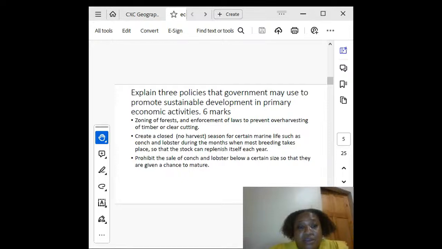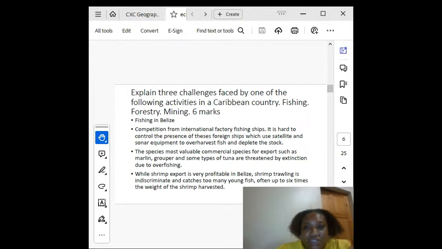You create, again, natural reserves, management reserves that would protect where you can fish and not fish. So there might be certain areas that you protect totally that you will not be able to fish. So you will see here, prohibit the sale of conch and lobster below a certain size and give them a chance to mature. So that also applies for fish, any type of fisheries.